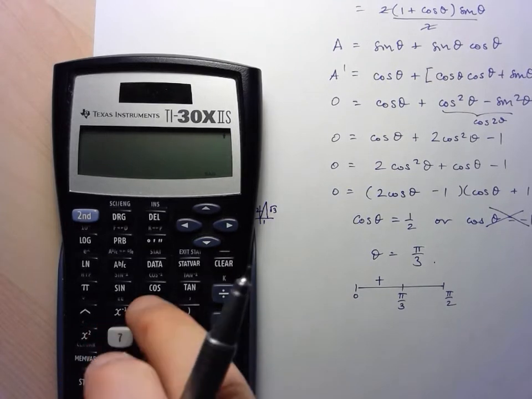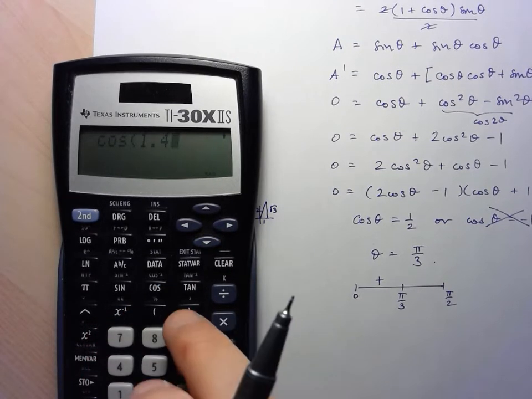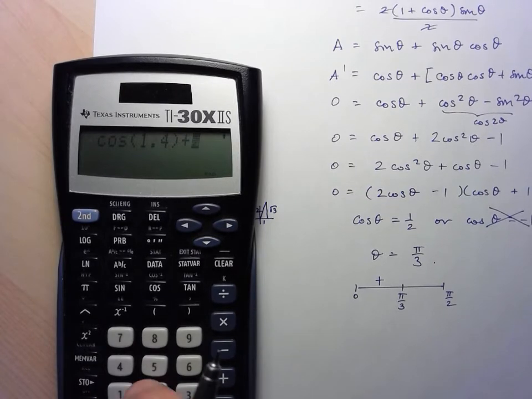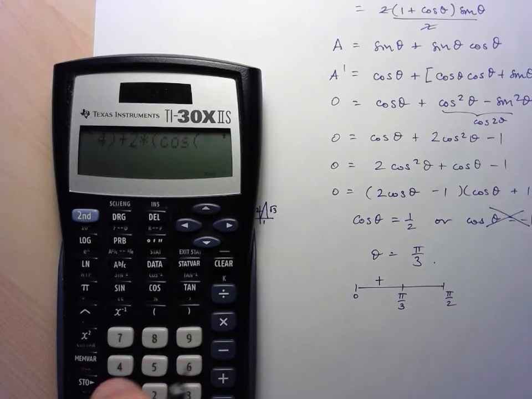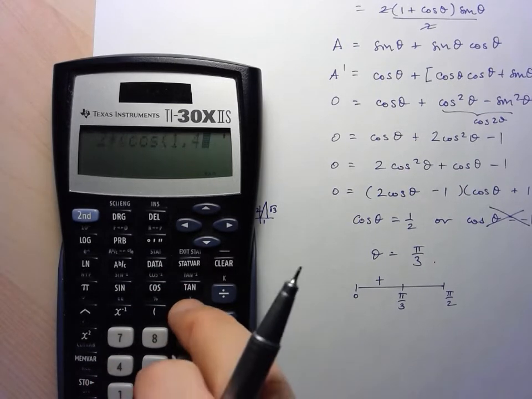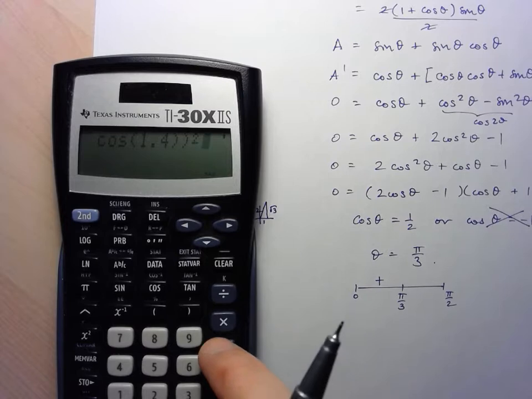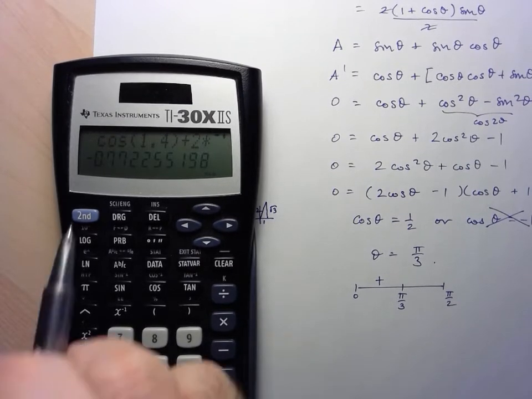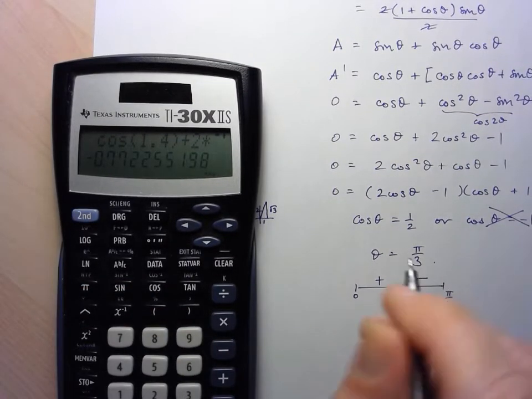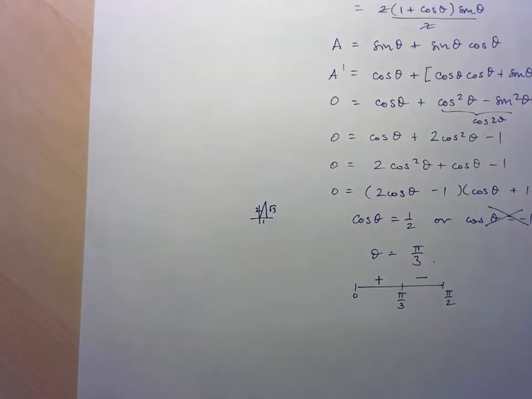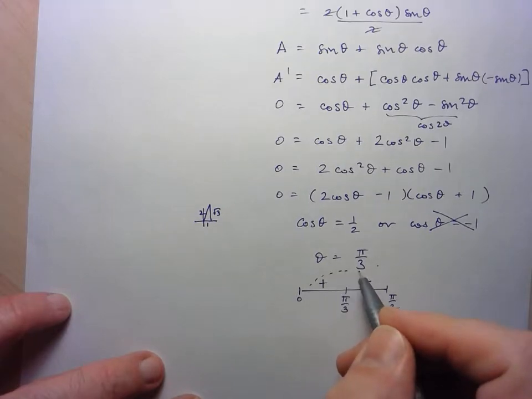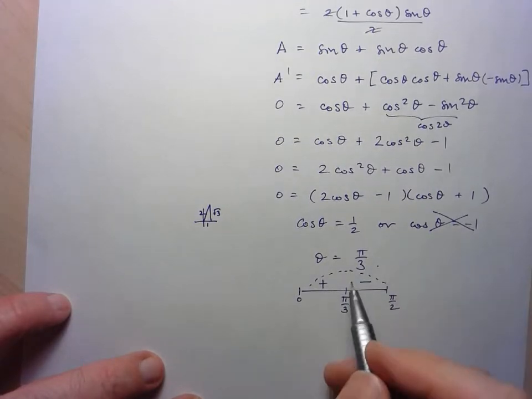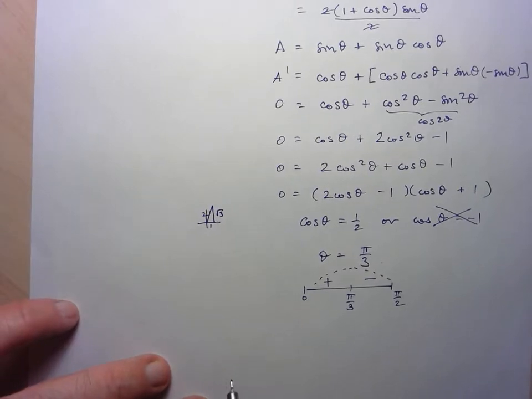So we have cos of 1.4 plus 2 times cos of 1.4 all squared, and then minus 1, and here we have a negative value. And if we look in this interval, we see that it's always increasing, and then afterwards it's always decreasing. So that's indeed an absolute maximum in this interval.